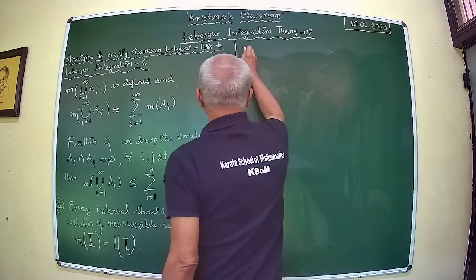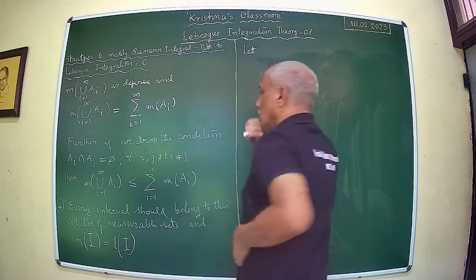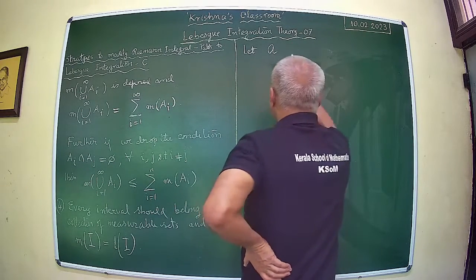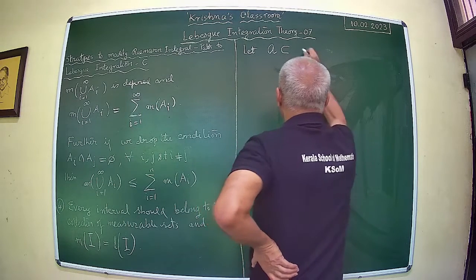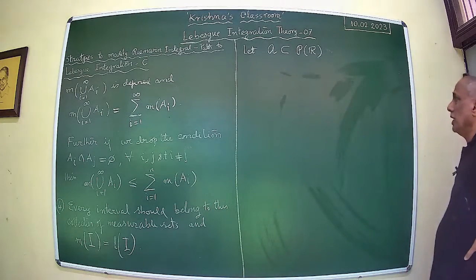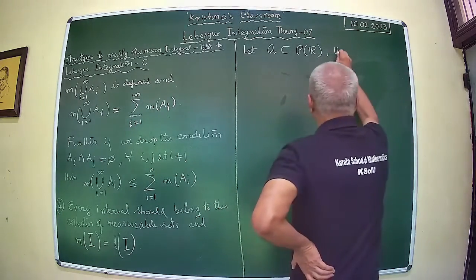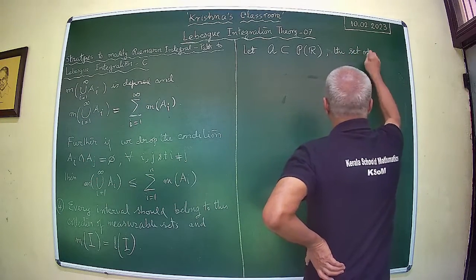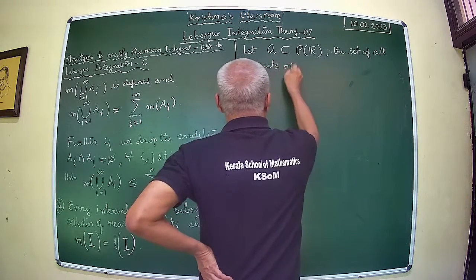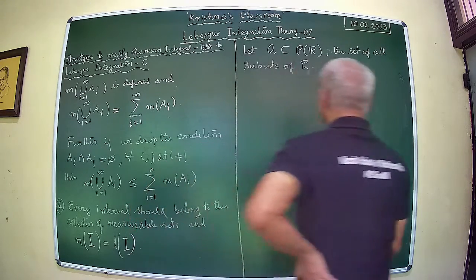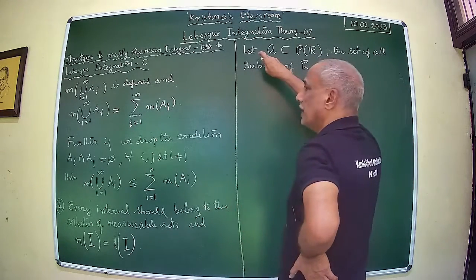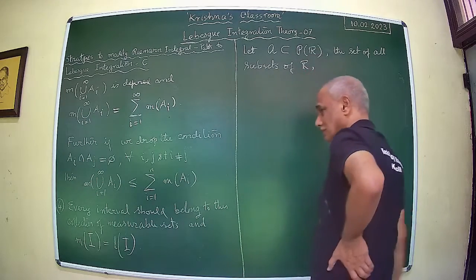So let script A be contained in P(R), a subcollection of R. P(R) is the collection of subsets of R. What kind of properties do we demand for A? This could be the whole of P(R). Okay.